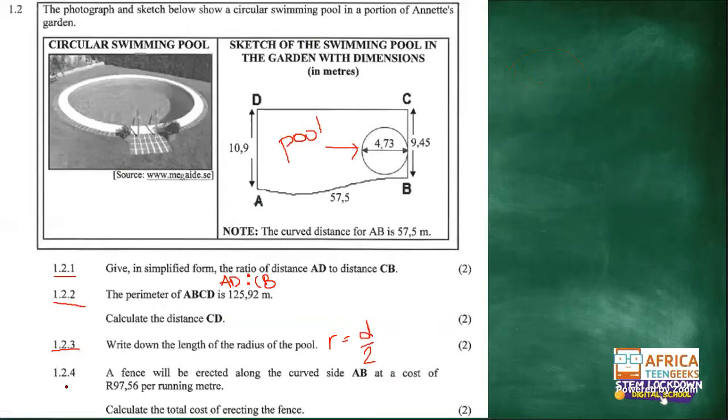Now it's getting nice and challenging. It's very easy. A fence will be erected along the curved side, right? So the fence, this is the curved side, AB, at a cost of 97.56 per running meter, right?